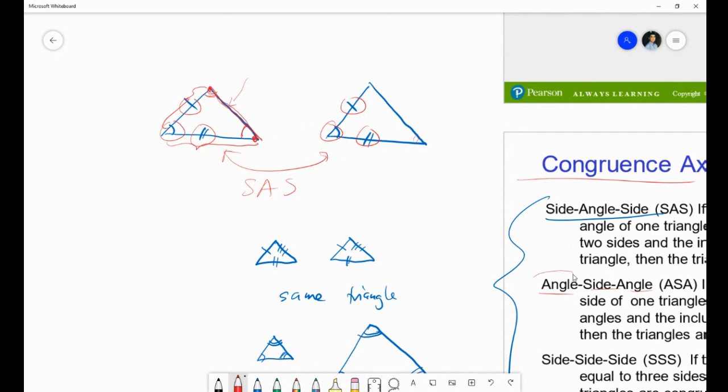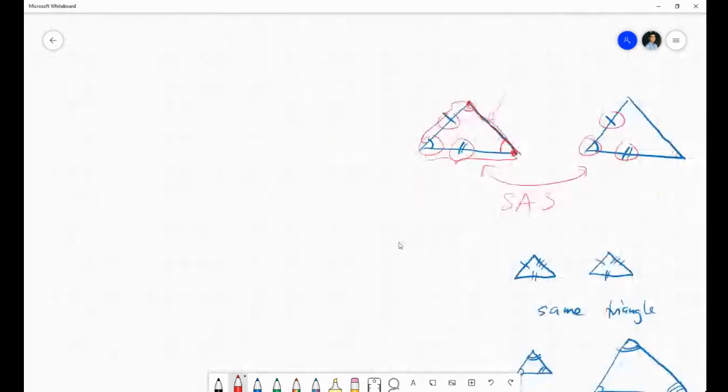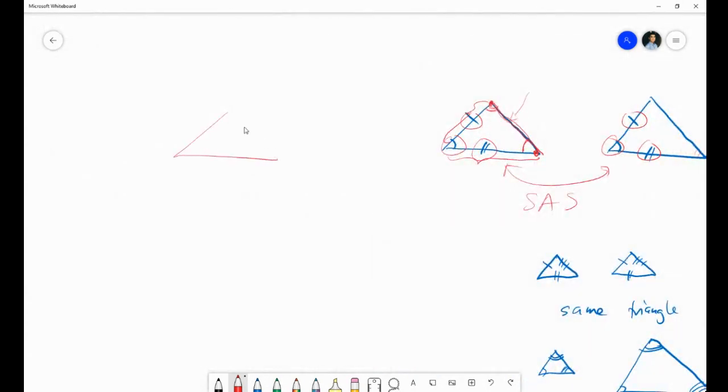Now, anytime we use any of these congruence axioms, when we say side, angle, side, or angle, side, angle, they must be next to each other. What I mean is that if I say side, angle, side, you have to use this side. If you choose to use this angle, then the next side has to be here. You cannot choose this side.